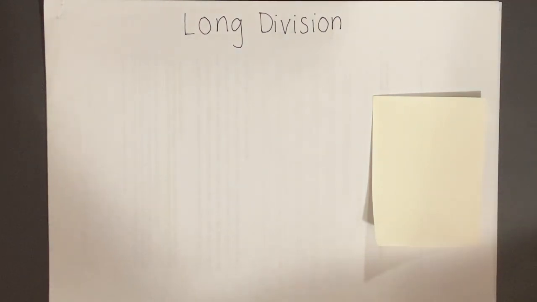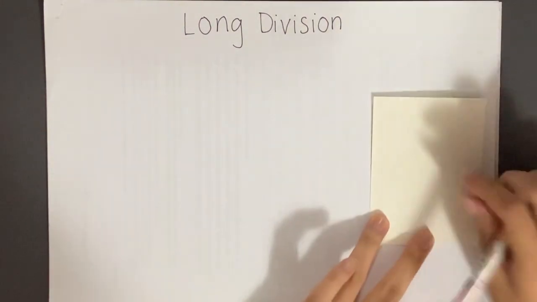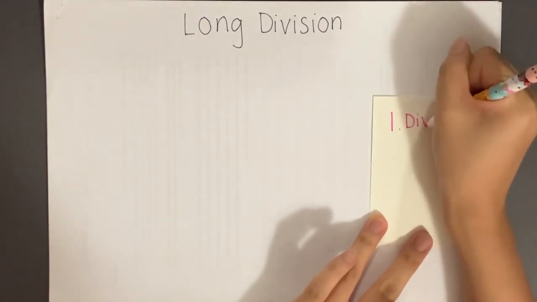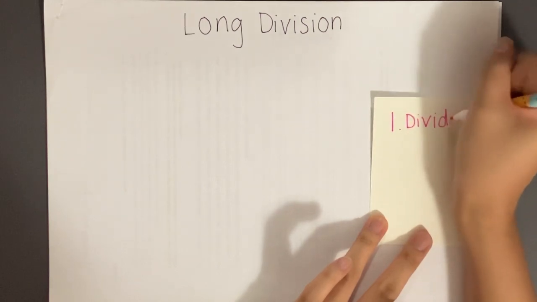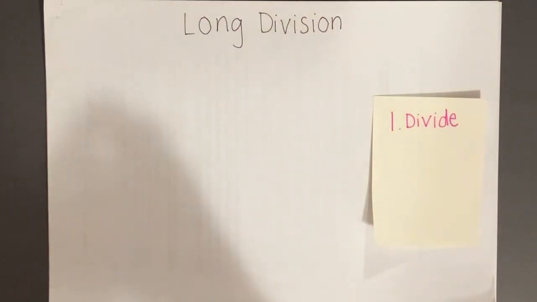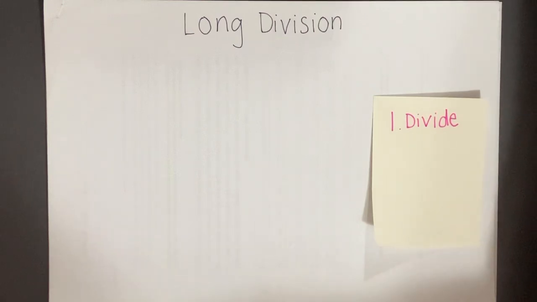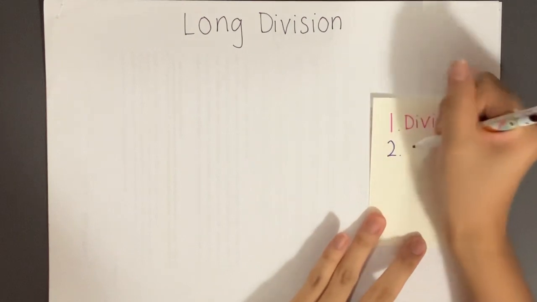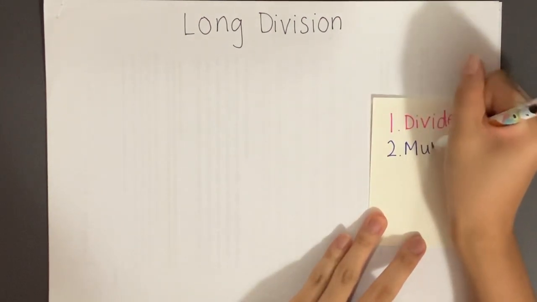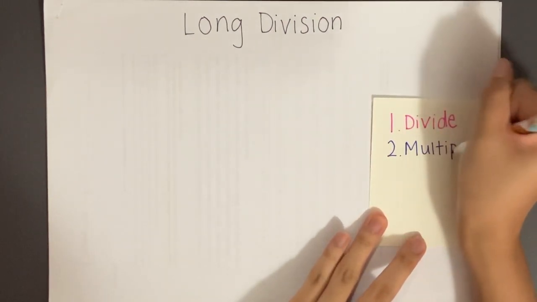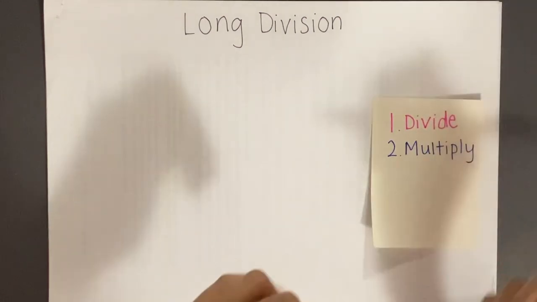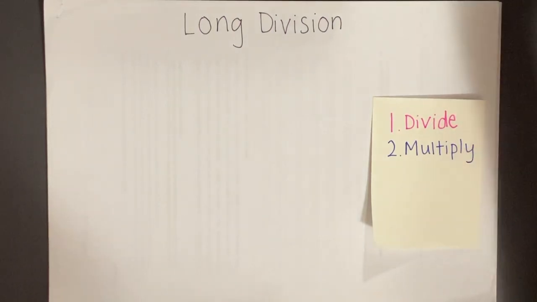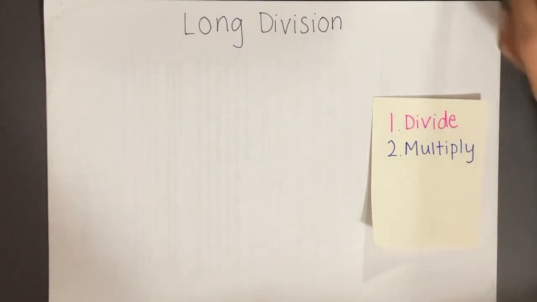Okay, so if you remember the first step, let's write it at the side here. The first step is to divide. The second step is to multiply. The third step is to subtract.